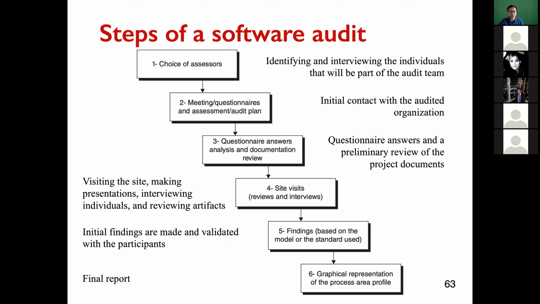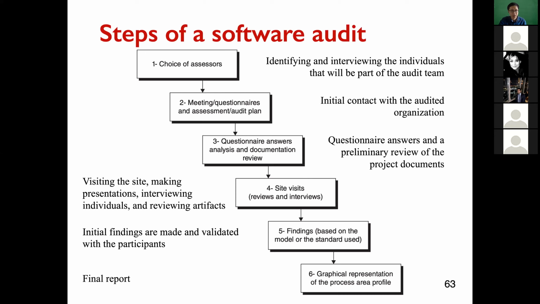The second step is that they have meetings and questionnaires to get a preliminary understanding of the audited organization. They want to audit our organization, so they have interviews, meetings, and questionnaires to understand the projects in our organization and our software quality assurance process.